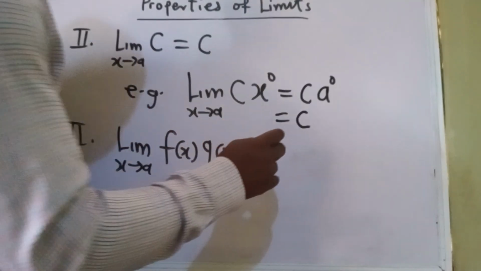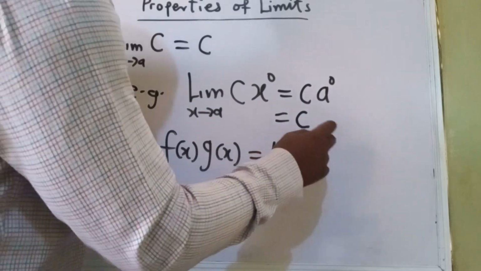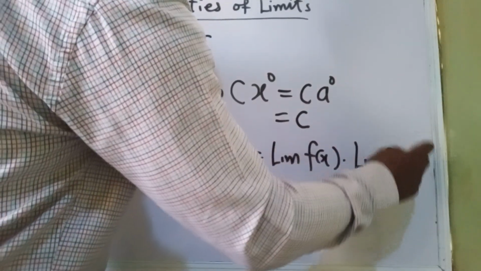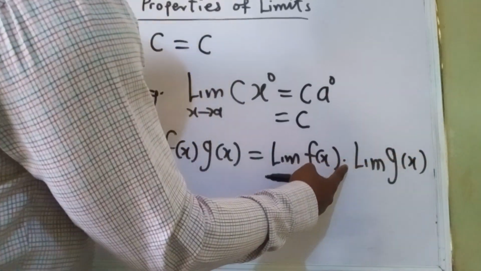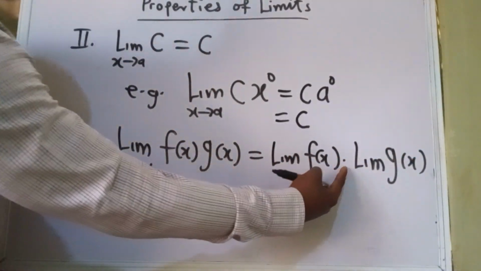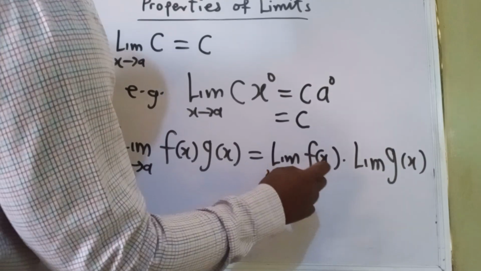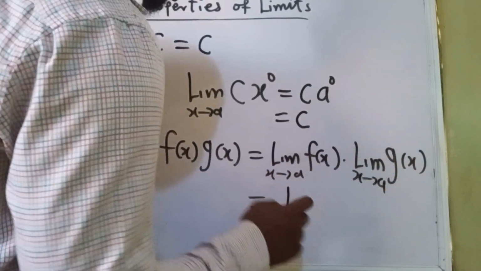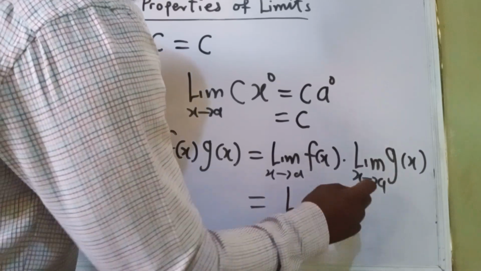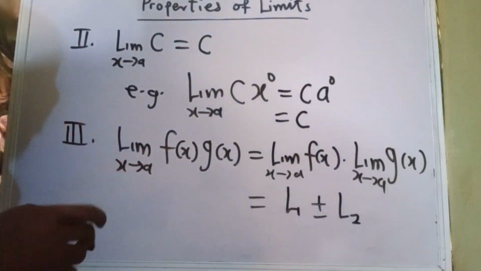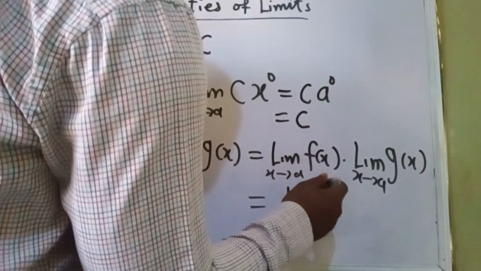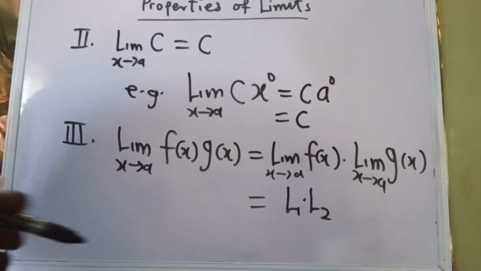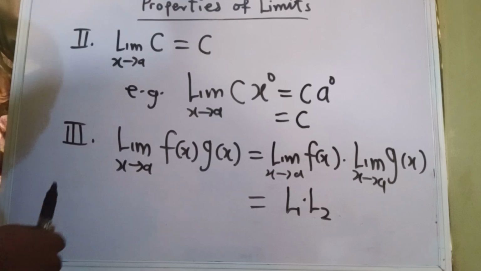That is, this will be the limit of f of x times the limit of g of x, maintaining the product here. By our supposition, the limit of this is L1 and the limit of this is multiplied by L2, maintaining the product as well.